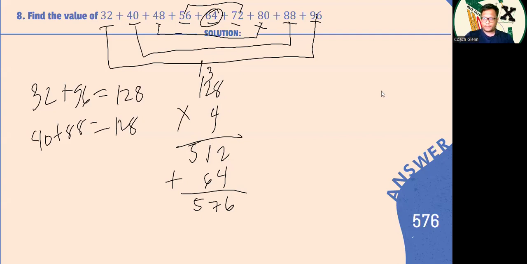Any questions for number 8? If there are no more questions, then let's go to the next one.